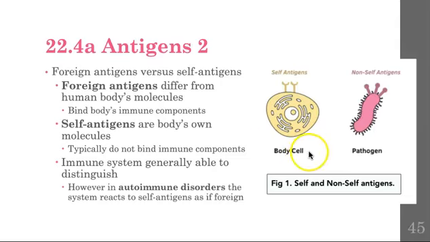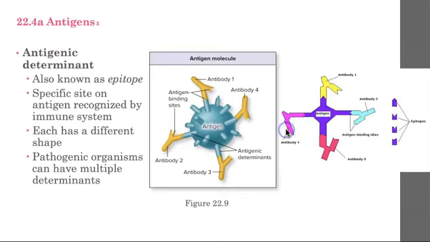Our self-antigens will be found on our own body cells, and so we should not have any of our immune system recognize this and trigger an immune response. If that does happen, then that is how autoimmune disorders begin. We start having a reaction to our self-antigens and seeing them as foreign.